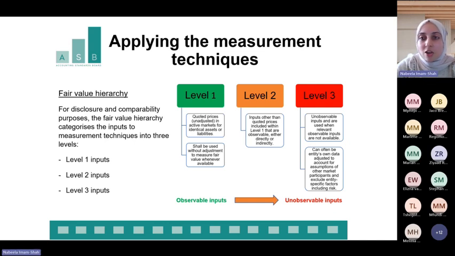Now, inputs may be observable or unobservable. We have discussed observable and unobservable inputs. So let's see how all of this fits into the fair value hierarchy.